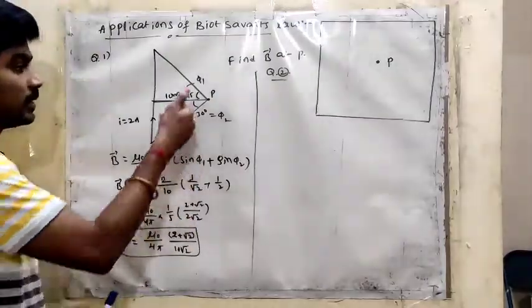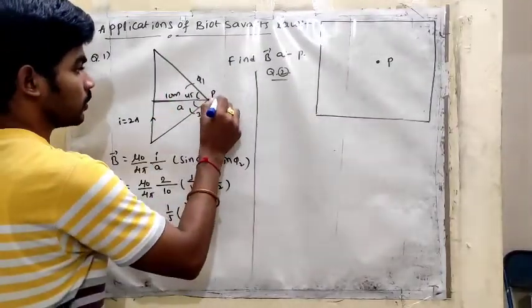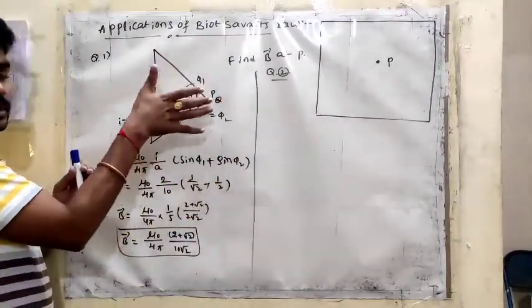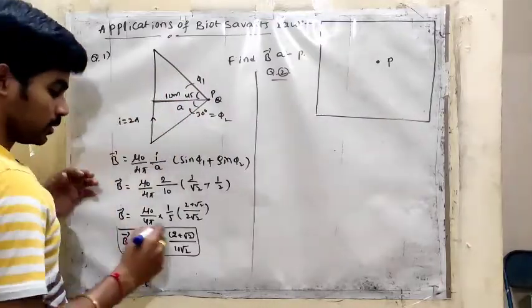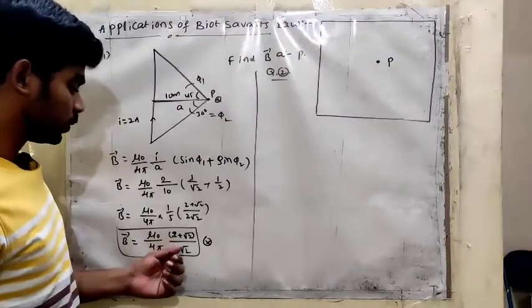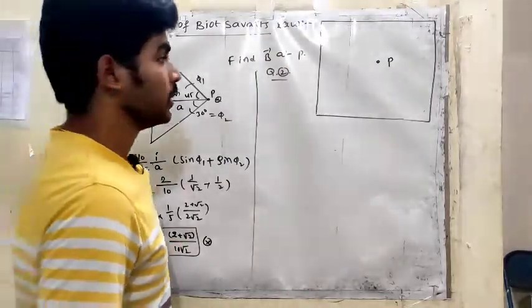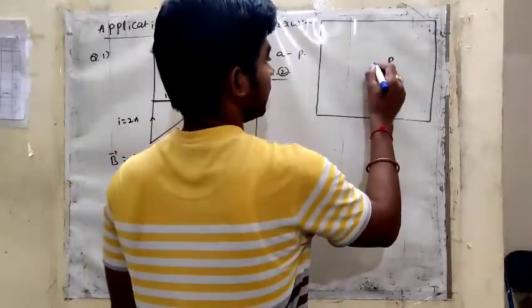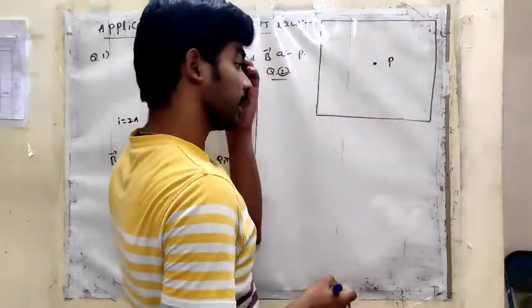Okay, this is inside the magnetic field only now. So use the right hand thumb rule inside the magnetic field. So this is inwards. So mu naught by 4 pi into 2 plus root 2 by 10 root 2 inwards. So exactly at the middle point we have to calculate the magnetic field.